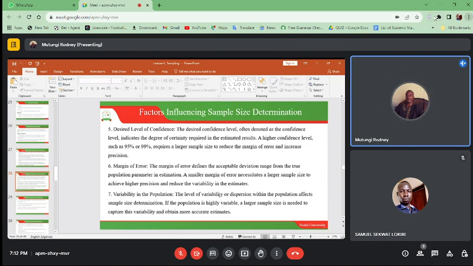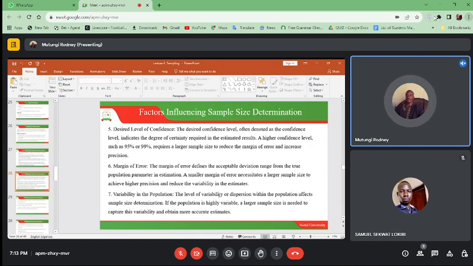And then variability in the population. How different are people in your population? Okay, because if people are highly variable or highly different, there are many tribes, many religions, many races in your population, then you will need a large sample so as to capture or represent each and every person in this sample.